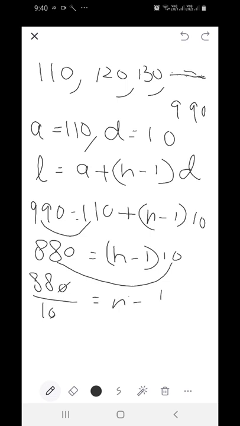Then 88 plus 1 becomes 89. So value of N is 89. It means there are 89 natural numbers between 101 and 999 which will be divisible both by 2 and 5.